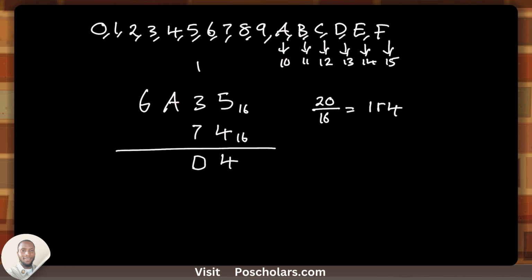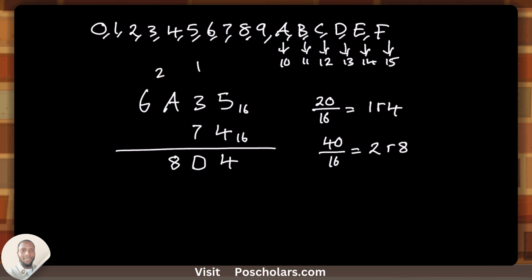You can't write it down, so you say, how many 16s can you find in 40? That should be 2 remainder 8. So you write down the remainder 8 and you carry 2 somewhere here, right? Now, 4 times 6 gives 24 plus the remainder you carried gives 26.